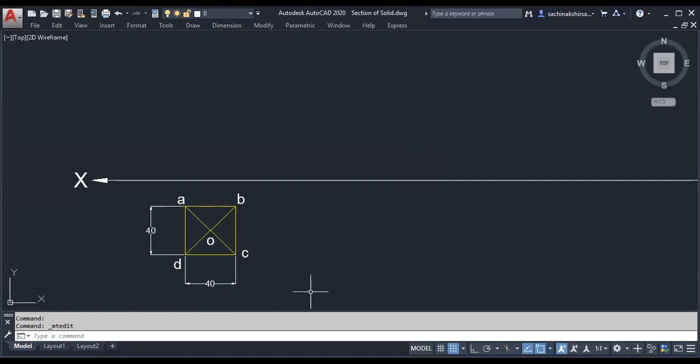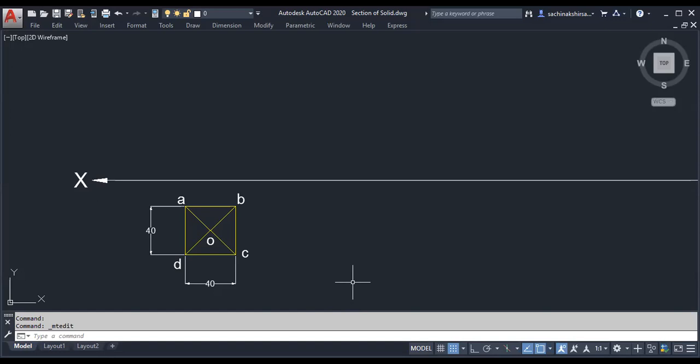Base 4 and apex 1. I'm asking edges. How many edges is it having? Six? Eight. Eight? Very good.